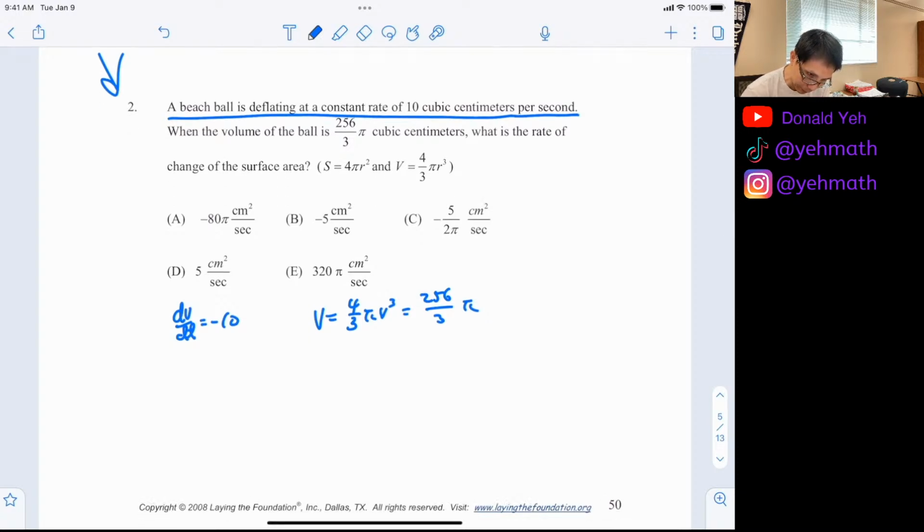I can get rid of the 3 on both sides, so let me set them equal to each other in order to find r. So this is going to be r cubed, pi cancels out, 3 cancels out, 256 divided by 4 is 64. r is equal to 4. So once you find that, then that's good.